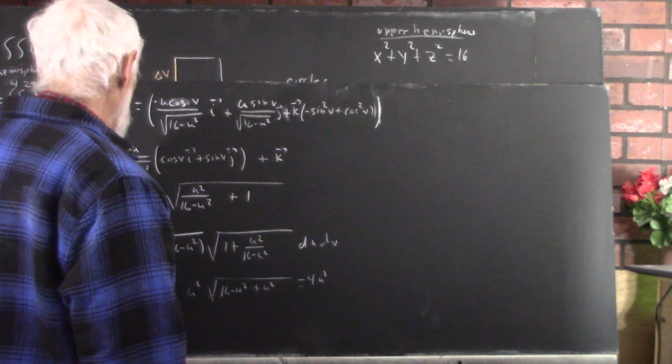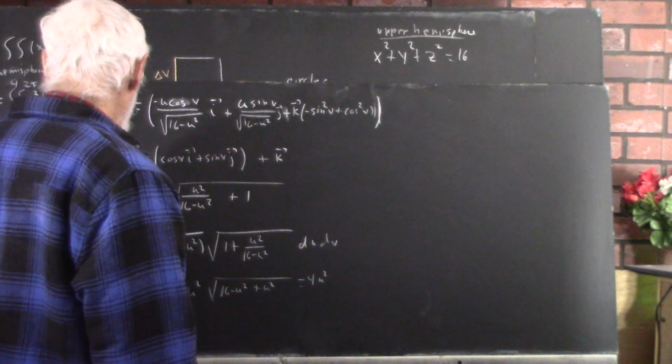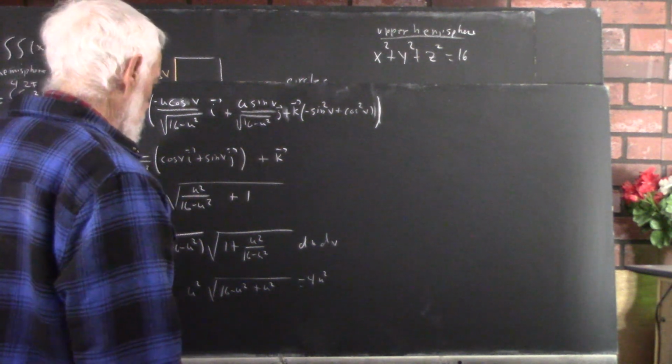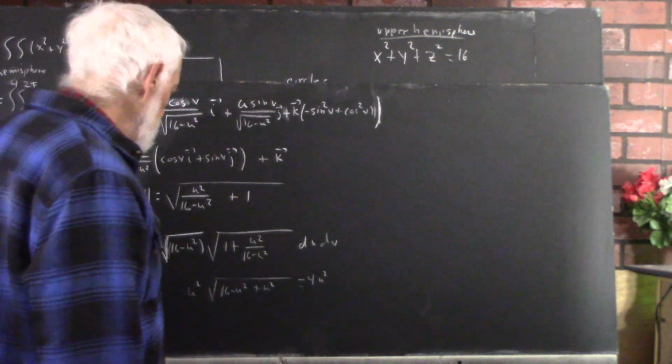And that's not going to come out with the same answer as your book gives you, because you're going to end up integrating u squared, giving you u cubed over 2.